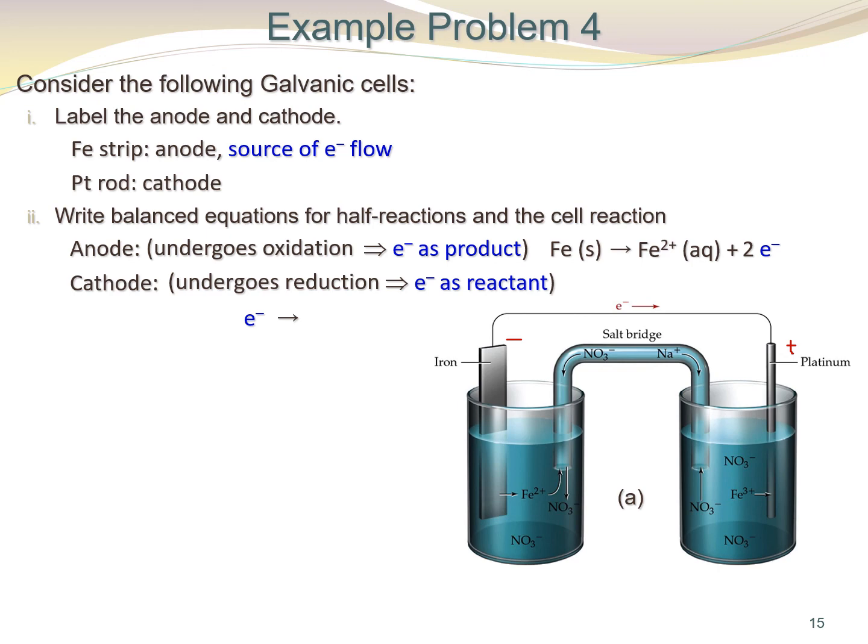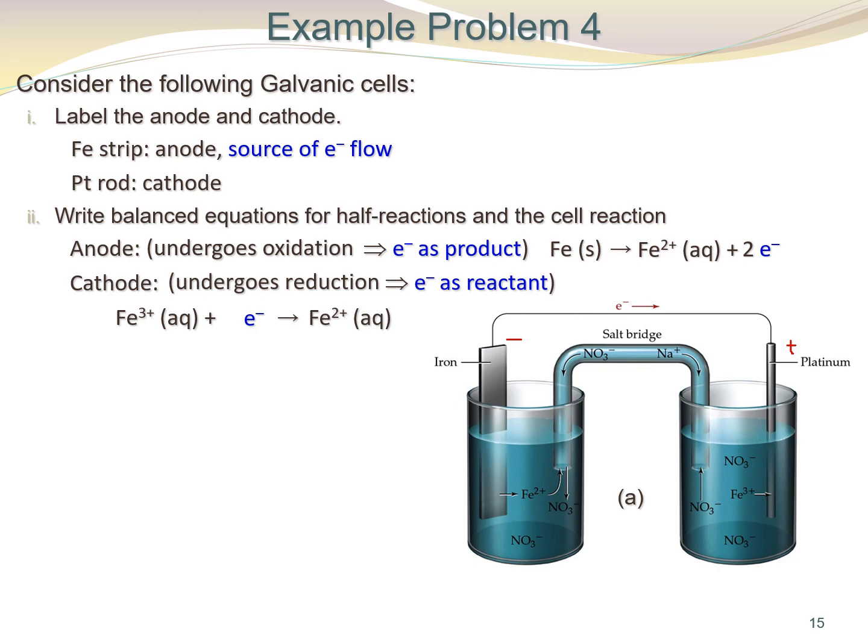Because it's a reduction, iron 3+ has the highest positive charge, so we put iron 3+ on the left. Now we have to determine what is the reduced species of this iron. Another common ion with less positive charge is iron 2+.